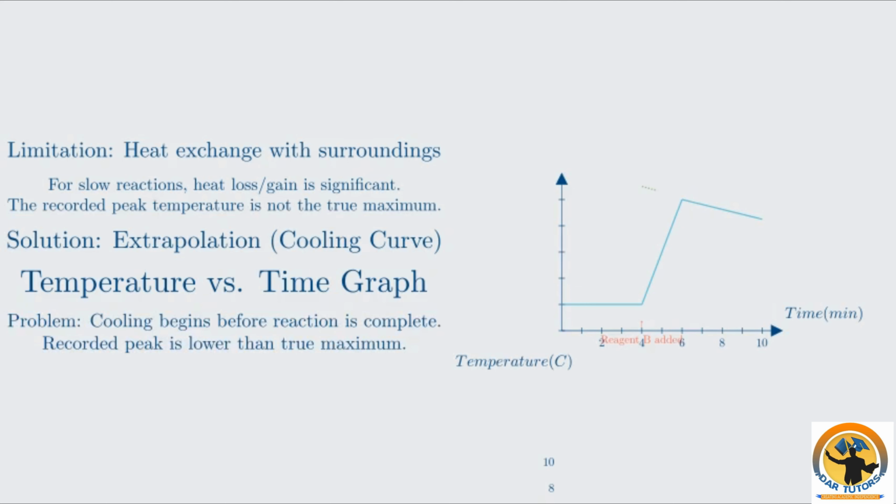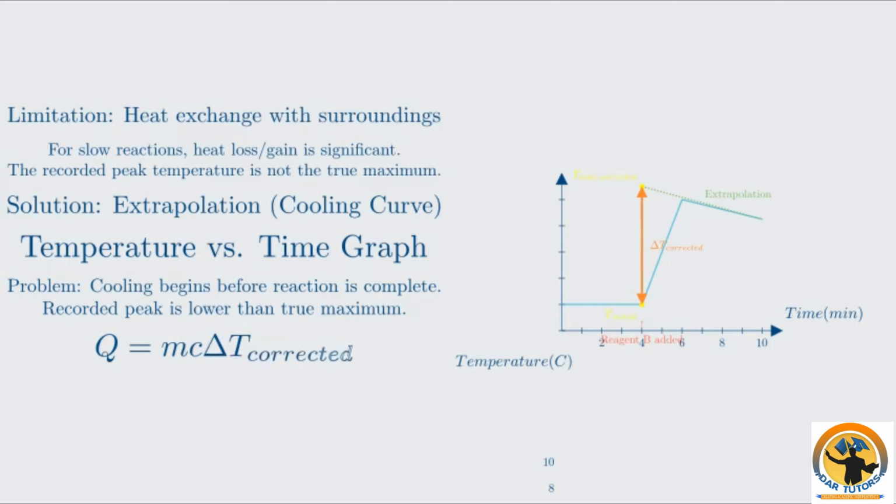To find the true maximum, we extrapolate. We draw a best fit line through the cooling portion of the curve and extend it back to the time the reagents were mixed. The intersection of this extrapolated line with the mixing time gives us a corrected maximum temperature, Tmax corrected. This corrected temperature value is then used in the Q equals mc delta T calculation to determine a more accurate enthalpy change.